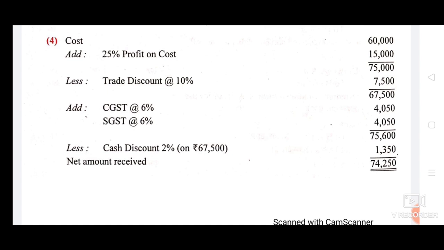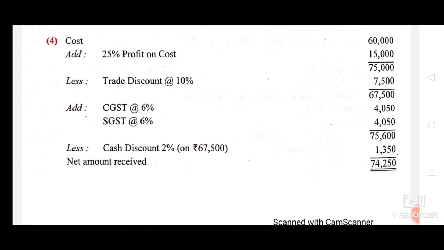So 67,500 into 2% will be 1350. It will be deducted from 75,600. So the net amount received from the customer, that is Kishore, is 74,250, because he has paid the amount by check. Understood? So in this way we have to calculate the percentage. If there is any doubt in calculation of percentage, you can ask me anytime.